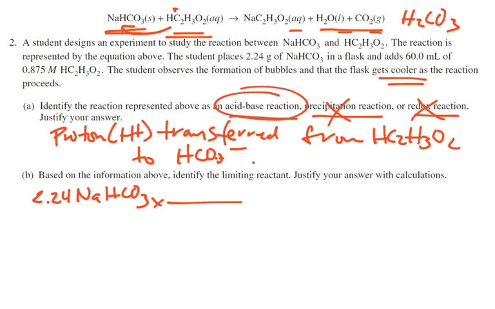Now, if we add a sodium, which is 23.00, plus a carbon, 12.01, plus 3 oxygens, which would be 48.00. Okay, we add those all together, and we get 84.0 grams. And that's 1 mole.